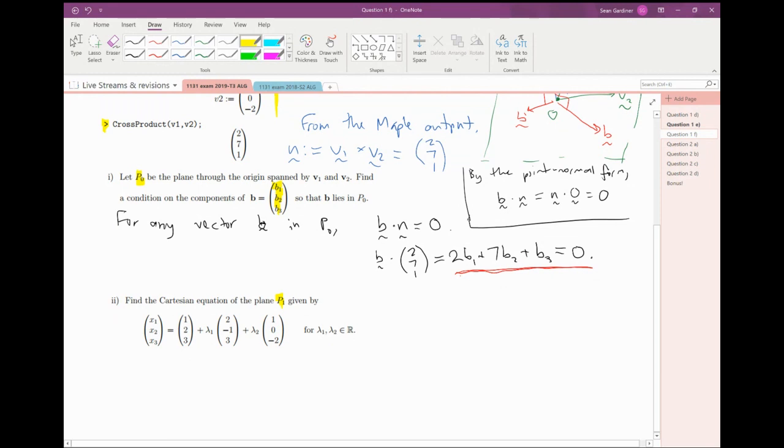And this time the equation for the plane has been given to us in vector parametric form, right? So the question simply asks us to convert or rewrite the plane in a Cartesian equation form. And this is probably a type of question that you've encountered a few times in lectures or tutorials.